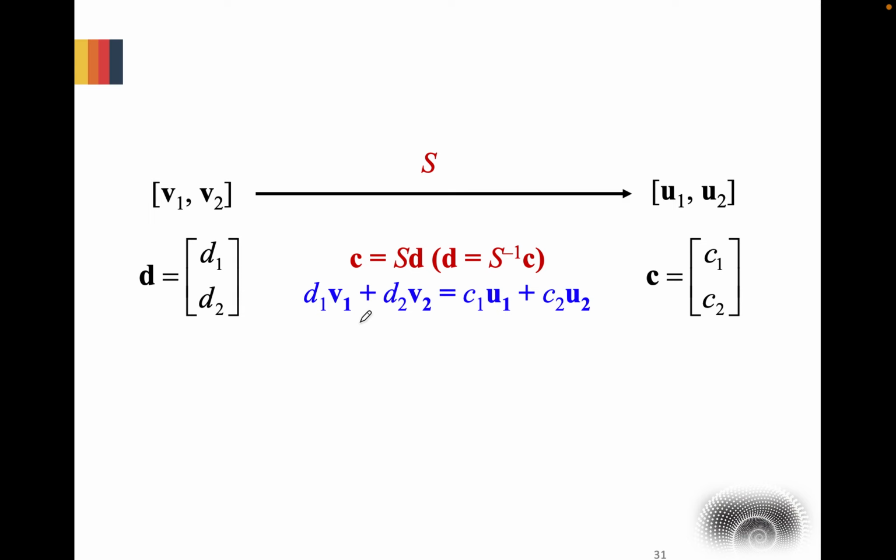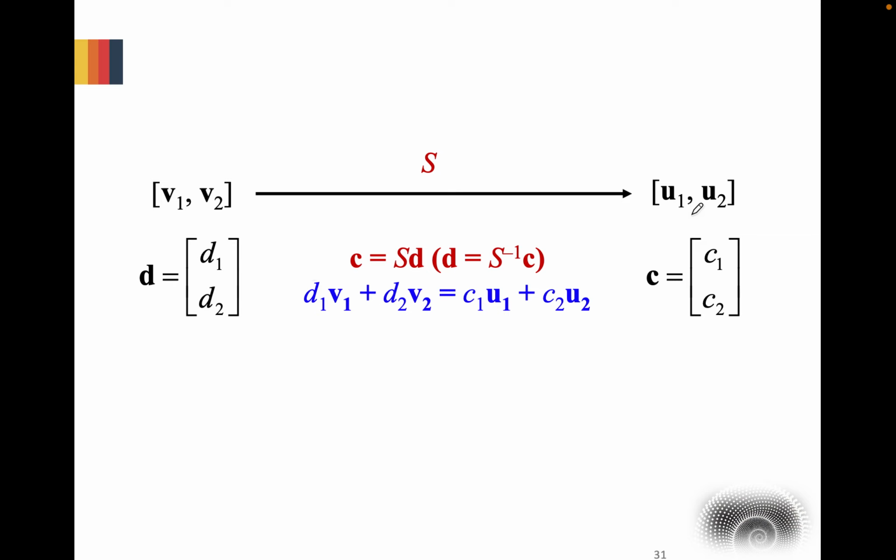However, we can generalize this further. Okay, so if now we have two bases. One basis consists of V1, V2. Another basis is U1, U2. Both of them are not the standard basis. Okay, and we assume that if we represent the vector X with respect to V1, V2, the coordinate vector is D1 and D2.